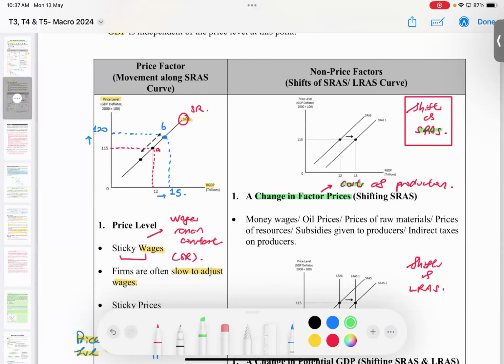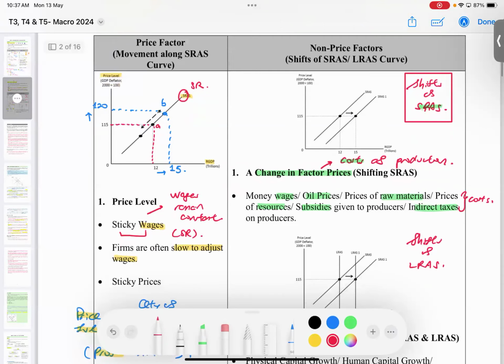What causes the SAS curve to shift is something to do with the cost of production. Like what? Money wages, oil prices, prices of raw materials, prices of resources, subsidies, indirect taxes. Do you realize that all these will affect costs? So this is why they will shift the SAS curve. Remember, shift the SAS curve only for this one.